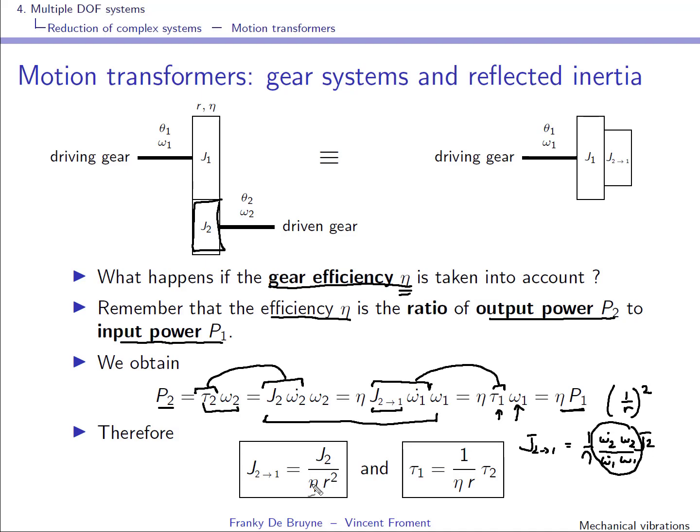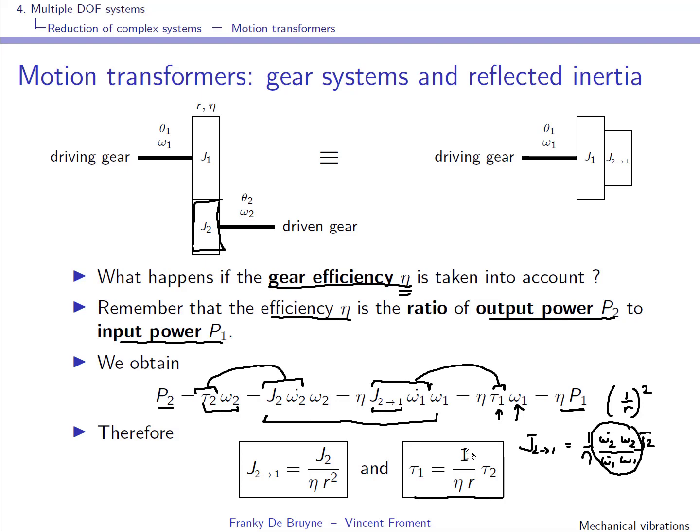So what do we obtain? We obtain what we had obtained previously, but we have to divide here by the gear efficiency. If the gear efficiency would be 1 or 100%, then we obtain the same formula, but of course this gear efficiency has to be taken into account, and it has also to be taken into account in this relation.